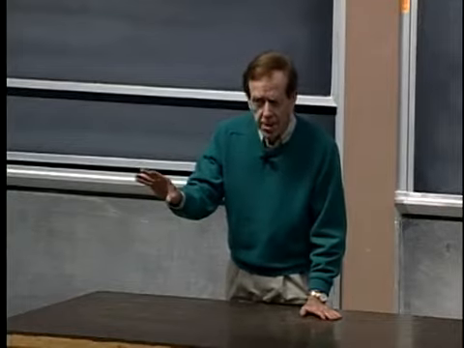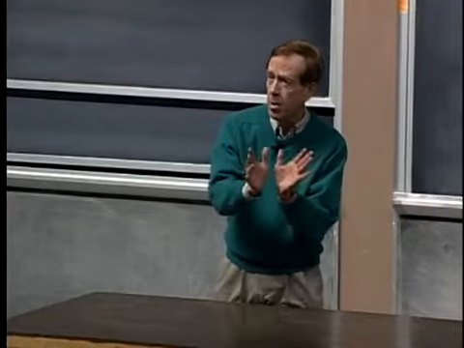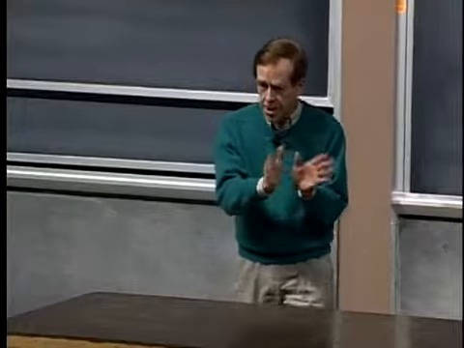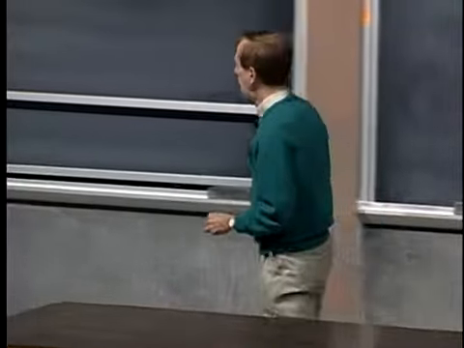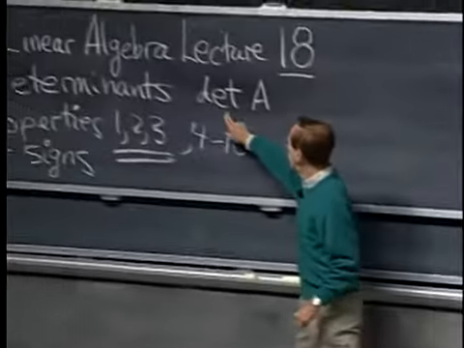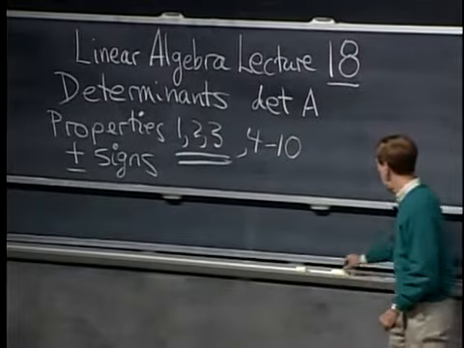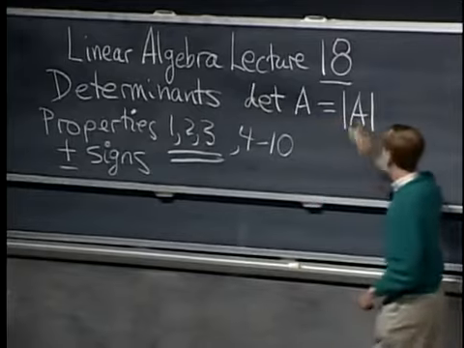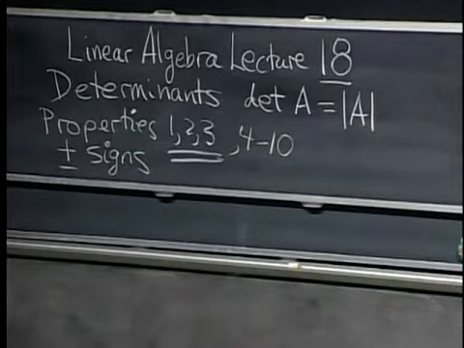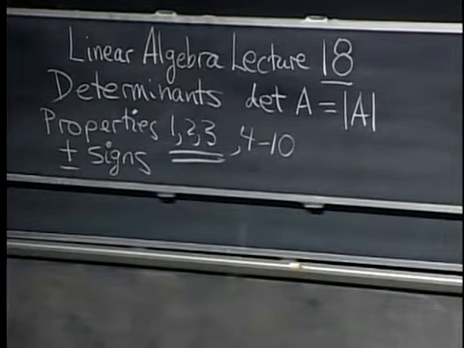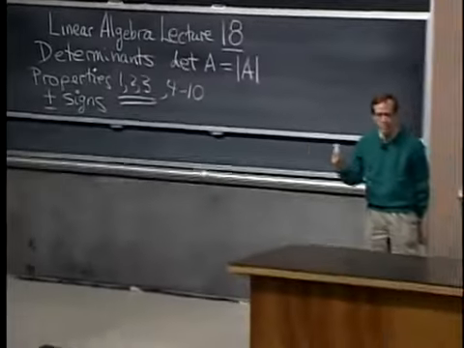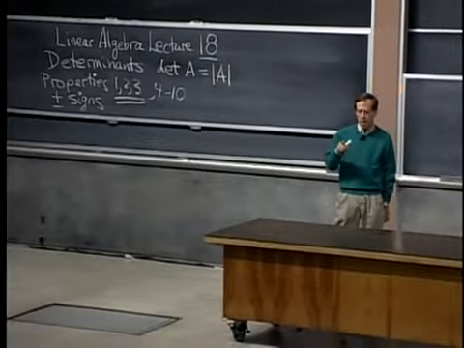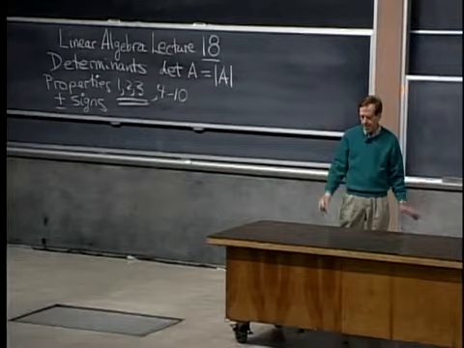So every square matrix has this number associated with it called its determinant. I'll often write it as det A, or often also as A with vertical bars. So that's going to mean the determinant of the matrix. That's going to mean this one, like, magic number.